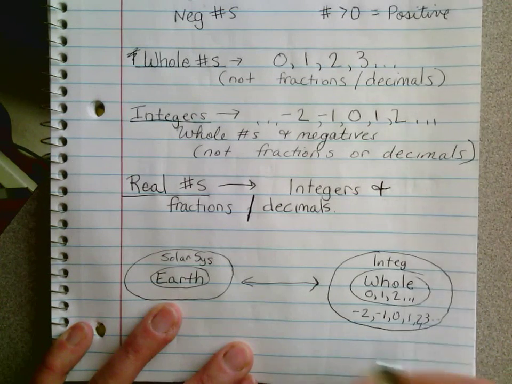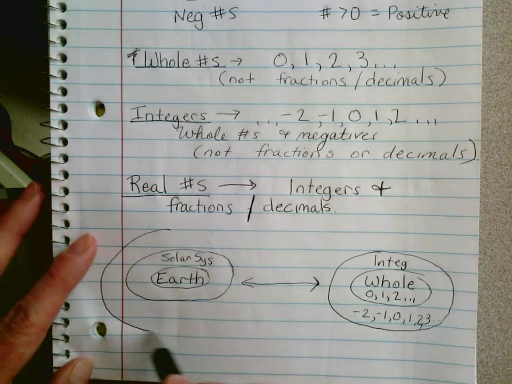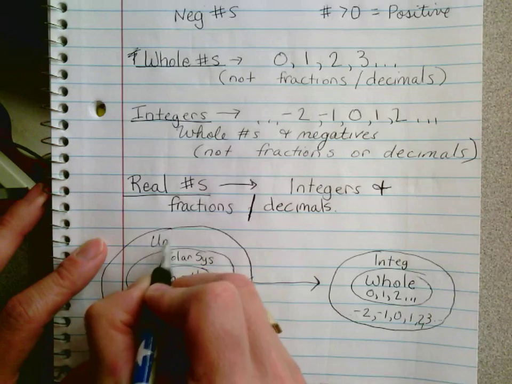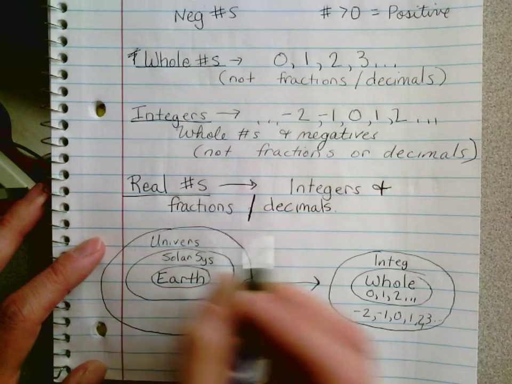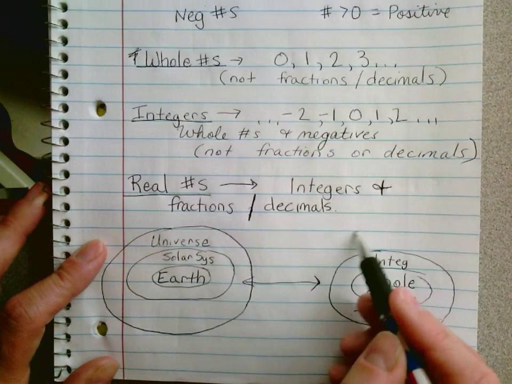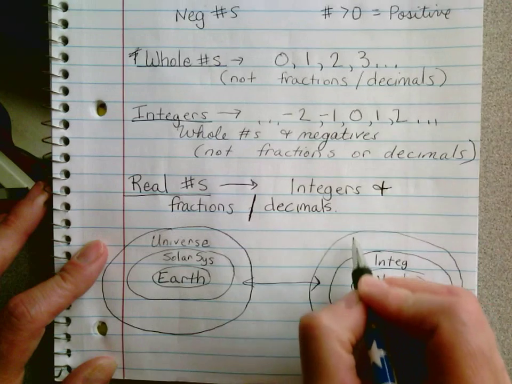Okay, and the final ring, and I'll just call it the known universe, to be real simple. The known universe. And that, my friend, is the land of real numbers.